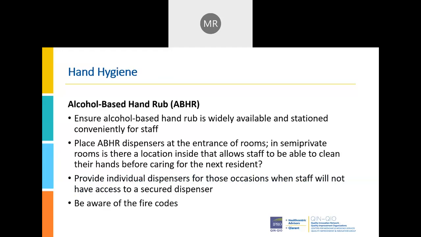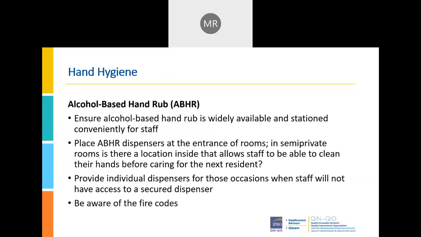So, hand hygiene, you really can't talk about infection prevention without talking about hand hygiene. And I do think sometimes it feels like we talk about it so much, but hand hygiene is the first line of defense from spreading infections. So, alcohol based hand rub. Ensure alcohol-based hand rub is widely available and stationed conveniently for staff.